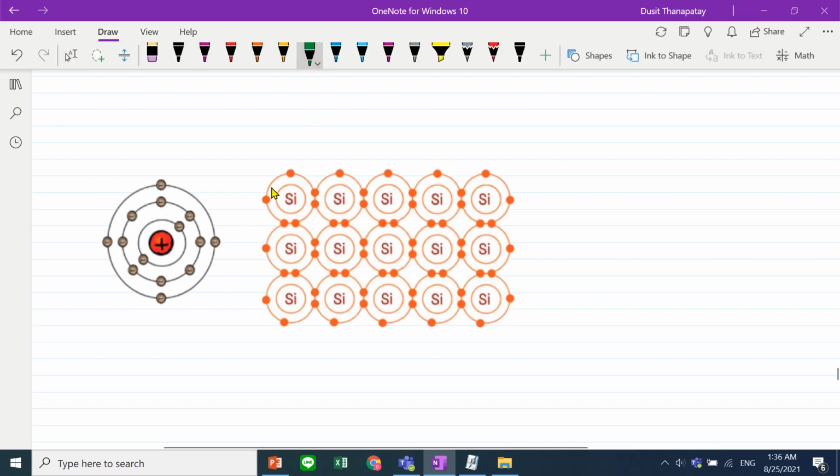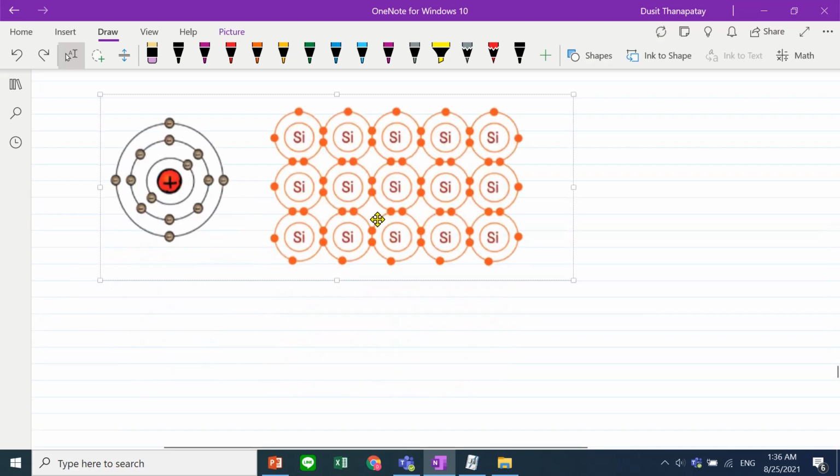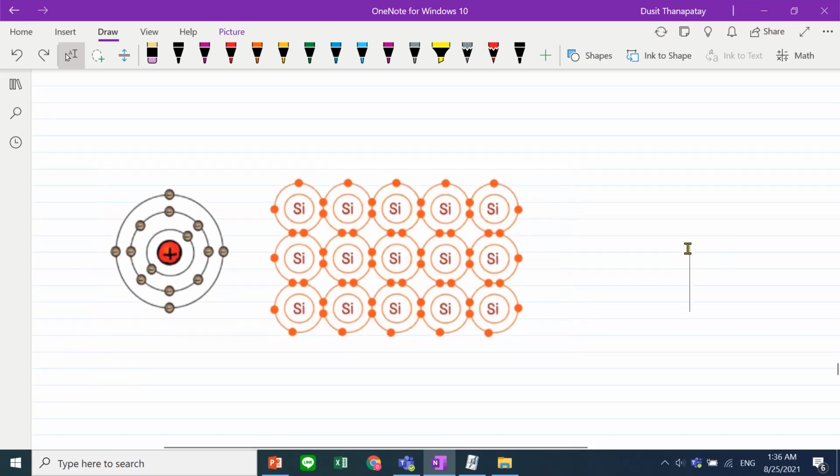You know silicon. Silicon is an element that contains 4 valence electrons, right?